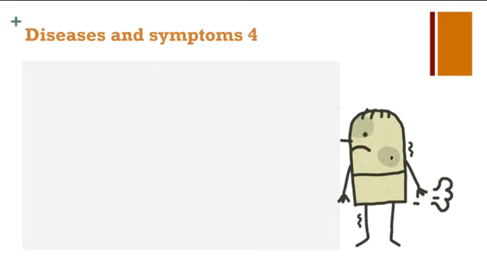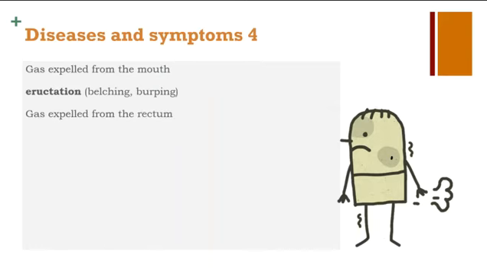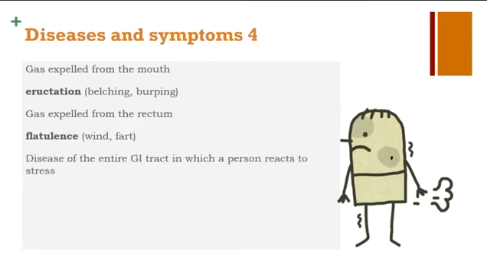Gas expelled from the mouth is called eructation, also known under the term belching or burping. Gas expelled from the rectum is called flatulence. We can also use the word wind or fart, which is a little bit vulgar.